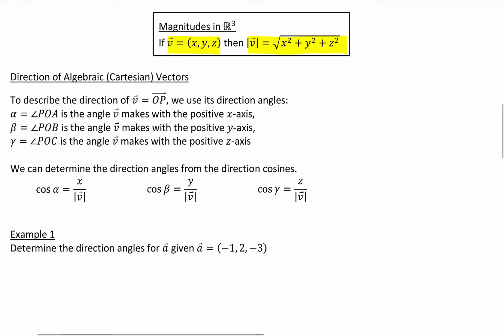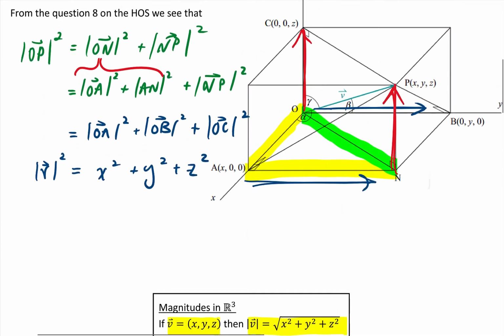The second thing is directions of vectors in 3-space. In 2-space, we only need one direction. In 3-space, however, you need to calculate 3 different directions to identify a vector. The 3 directions we need to use are shown here in the diagram.